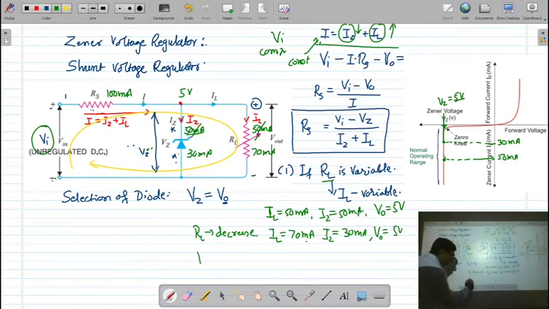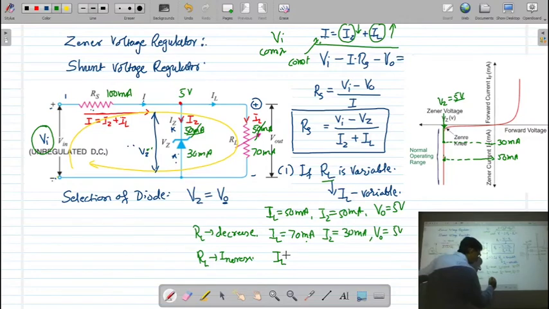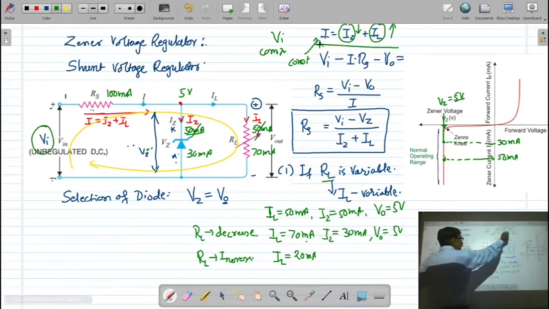Then let us increase the RL. Increase the RL, so naturally the load current is going to decrease. Here, let us say it decreases to 20 milliampere. Then again the total current has to remain constant. So instead of 70 milliampere, now the load current becomes 20 milliampere.